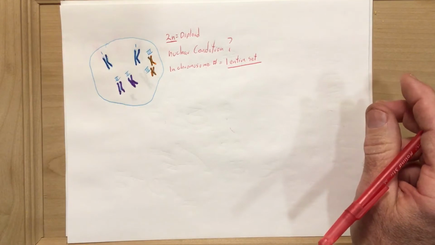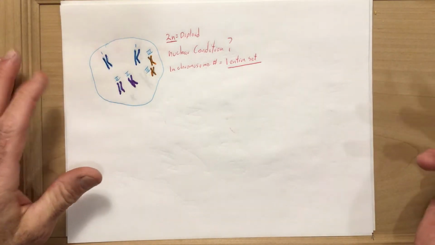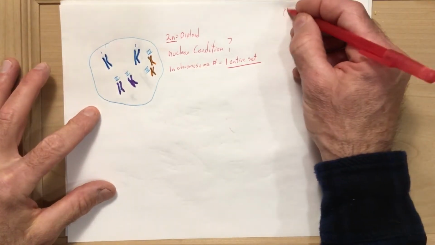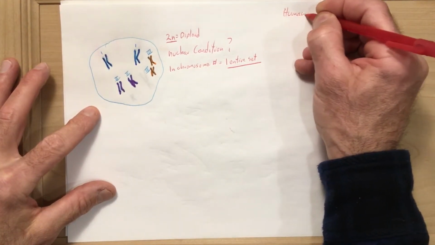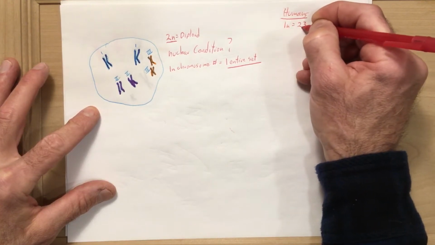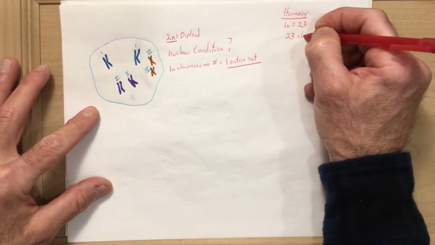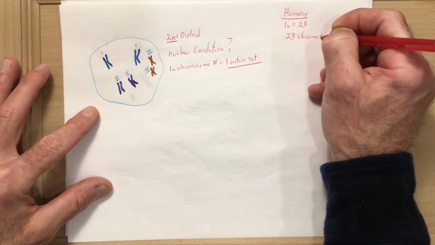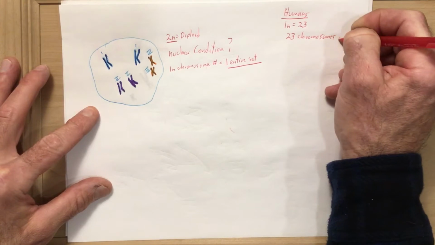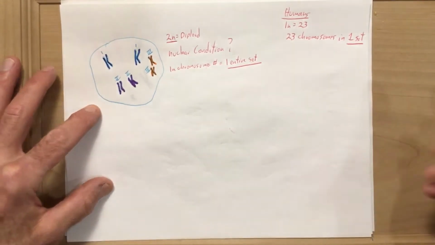So in humans, you may have 46 chromosomes in every one of your cells, but for humans, your 1N number is 23. And what that really means is there are 23 chromosomes in one set.